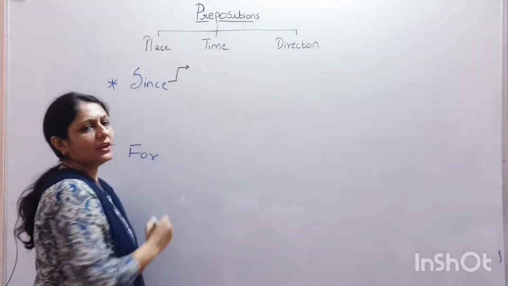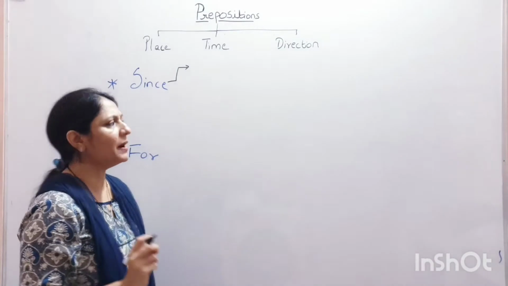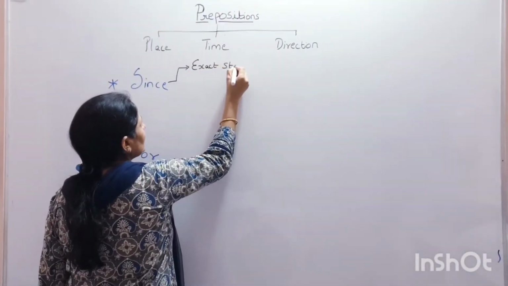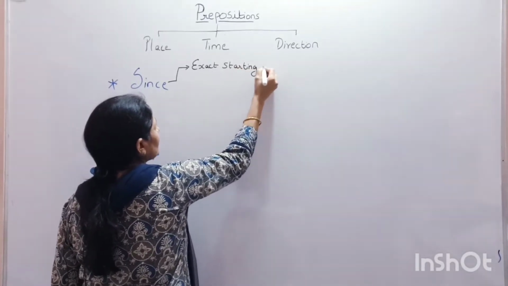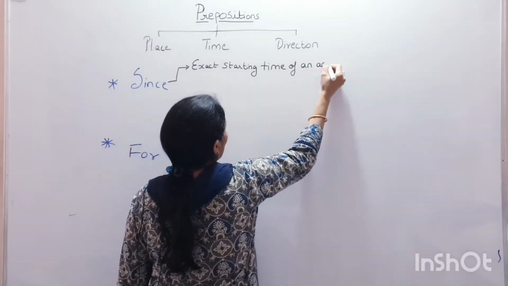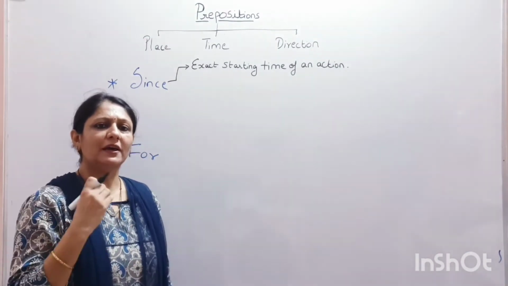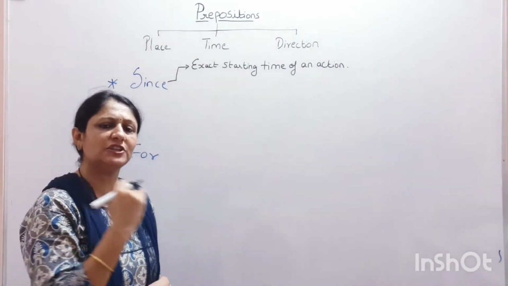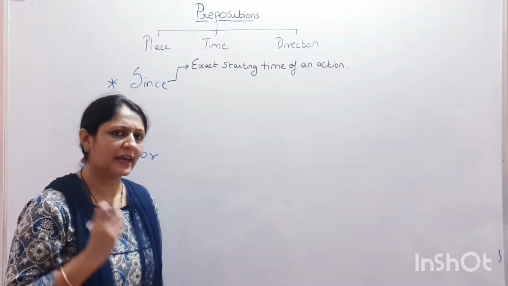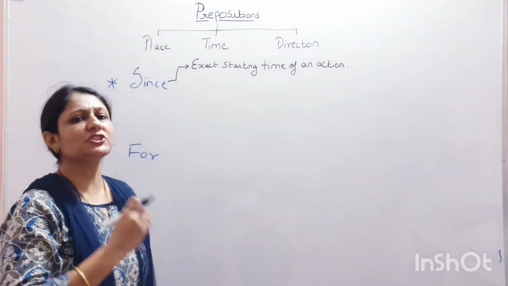Firstly, we use preposition since when we are telling you about the exact starting time of an action. This means whenever we are talking about an action in the sentence, we tell about when the action started.